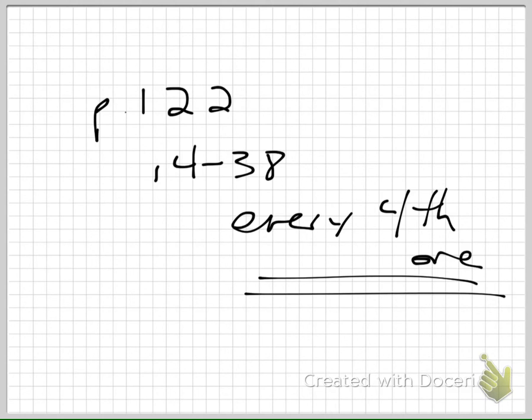What does every fourth one mean? It means it's every other even. Every other even. So instead of 14, 16, 18, what am I going to have you do? 14, 18, 22, 26, right? It's every other even.